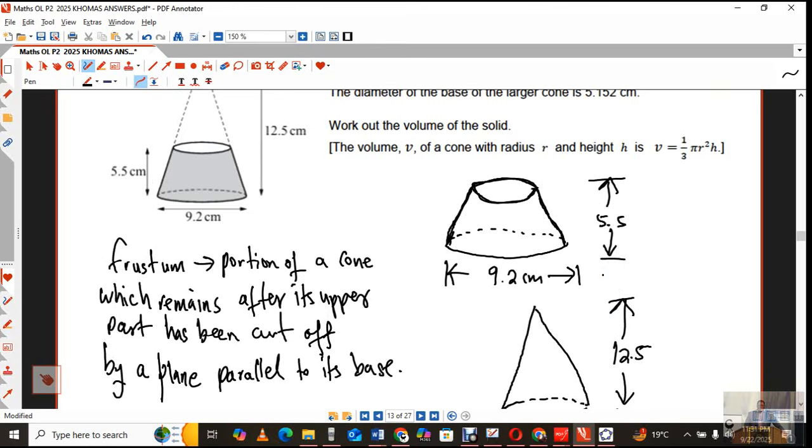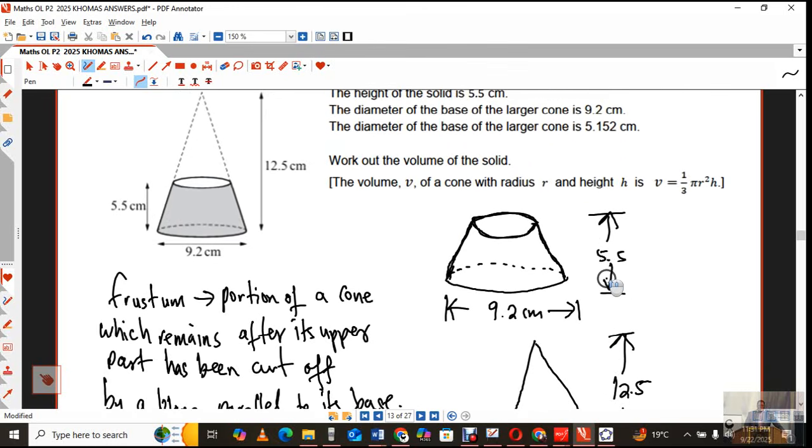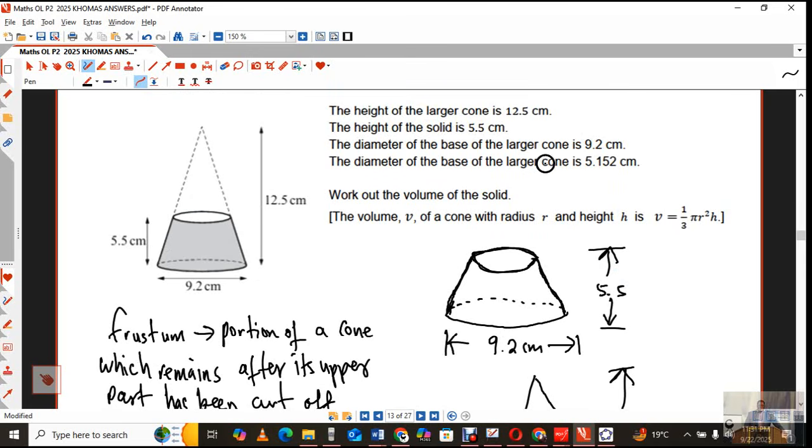What else do we know? Do we know the radius? The diameter of the base of the larger cone. The diameter of the base is 9.2.